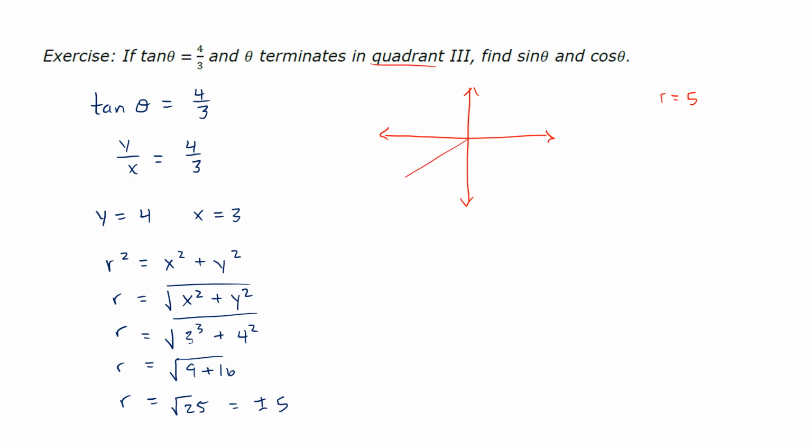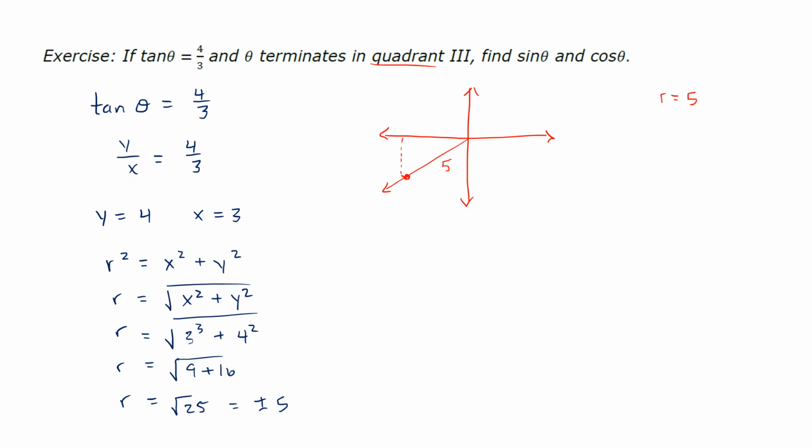So this is quadrant 3. That's the terminal side. So we have the point, and we know r here is 5. This is our reference angle, and our reference angle is formed by the x-axis and our terminal side.